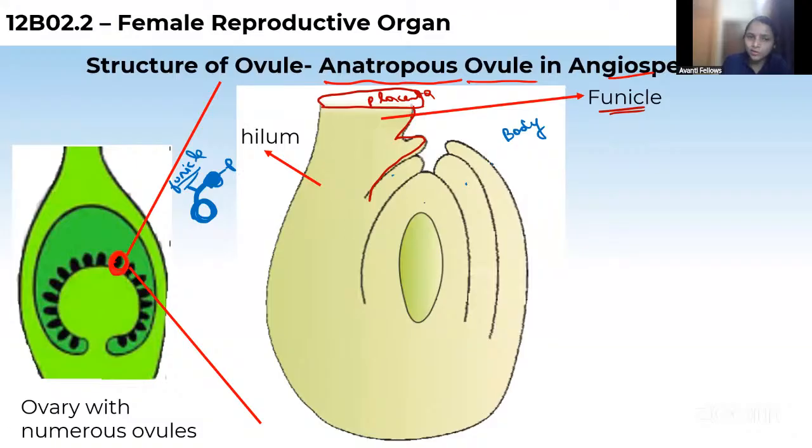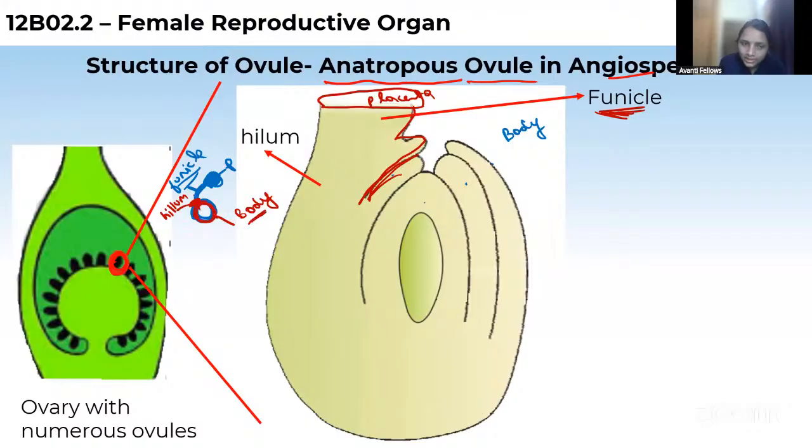Here you can see this is called the hilum, where the main part of the body is attached to the funicle, right? Here you can see this part we will call the hilum. Please understand here clearly, guys. This is the main part of the body.